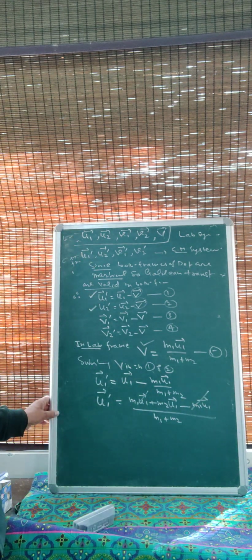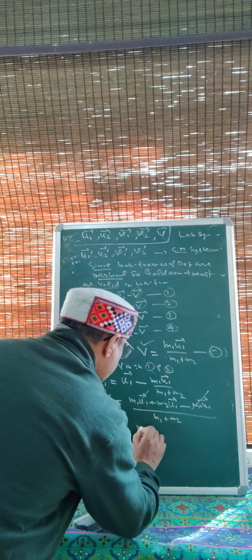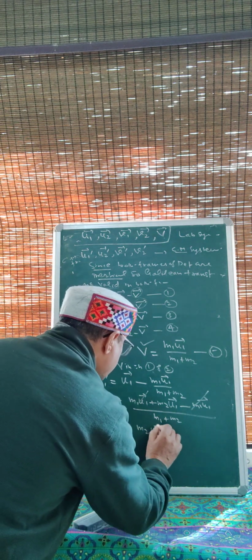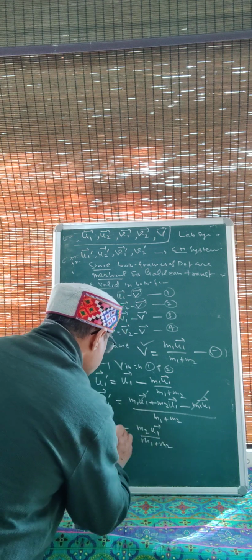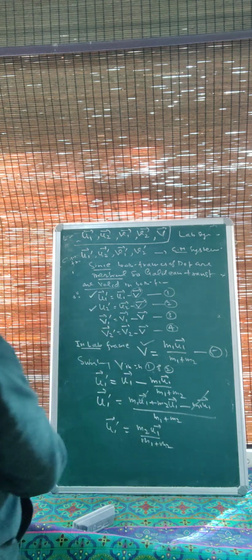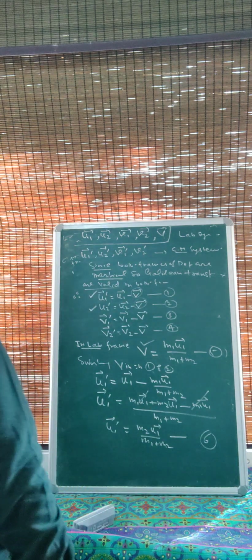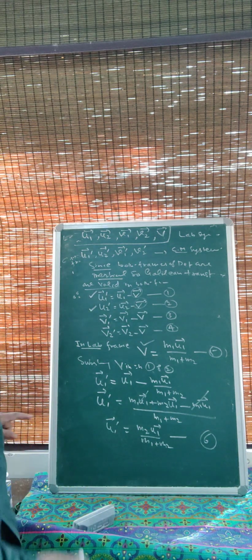Here m1 u1 cancels with m1 u1, which gives m2 u1 over m1 plus m2. This is u1 dash. Let us write this as equation number 6, since the earlier one was 5. We have substituted it from here, so equation number 1 has become this.